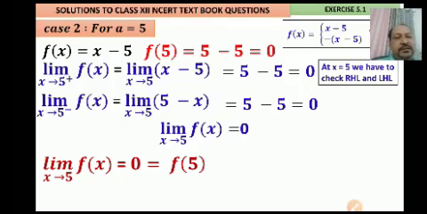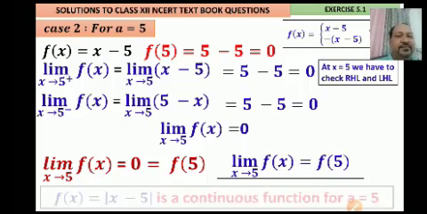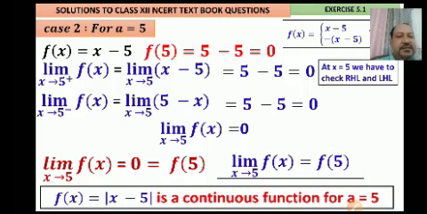This shows that the limit value of the function, which is 0, is equal to the value of the function at the point a. It means a is equal to 5. So f of x equal to modulus x minus 5 is a continuous function for a equal to 5.